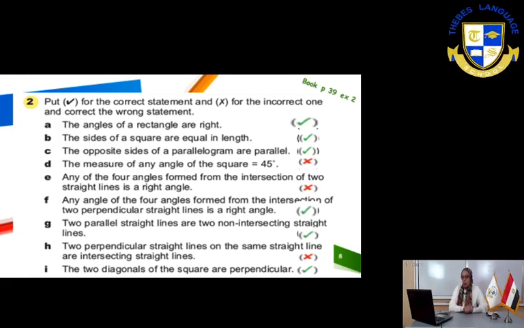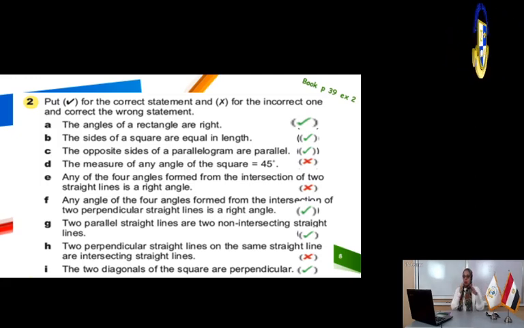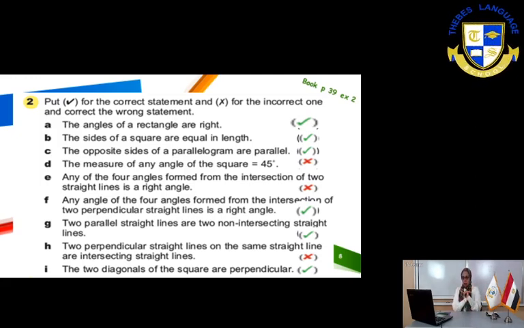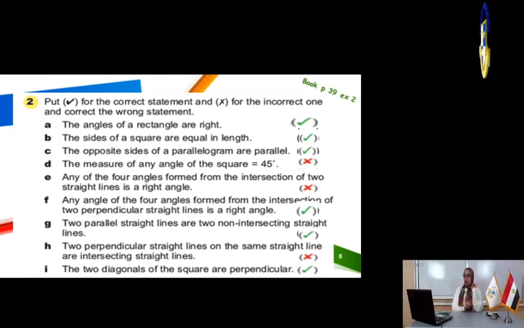Number E, any of the 4 angles formed from the intersection of 2 straight lines is a right angle. Any intersecting lines make 4 angles and it will be right angle.